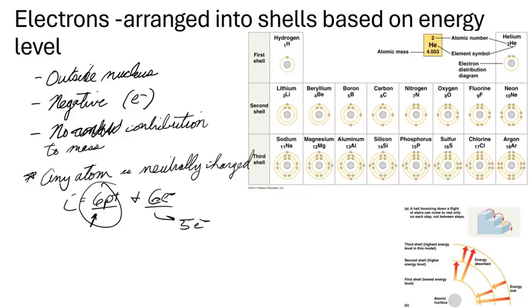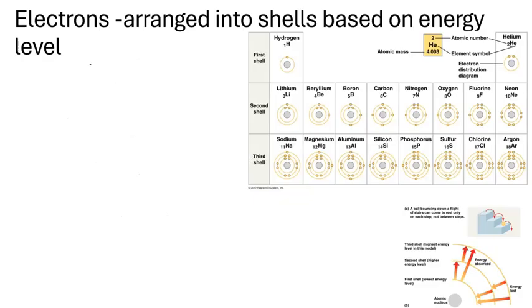But before we go further in that direction, let's talk a little bit more about arrangement of electrons around the nucleus. So electrons are attracted to the positive nucleus, where all of the protons are.